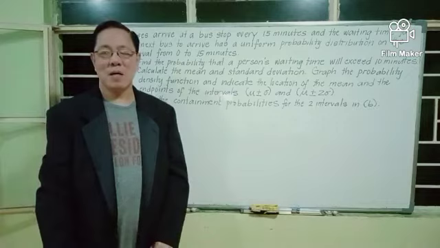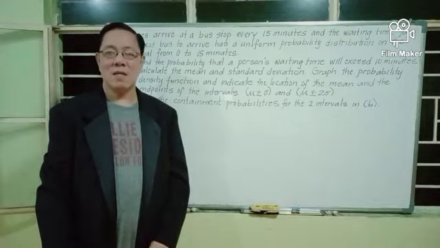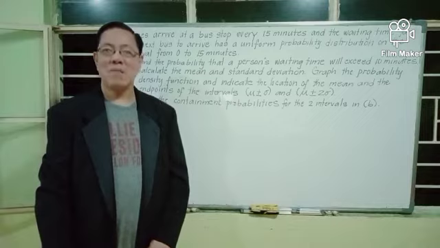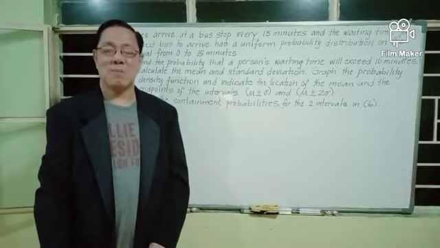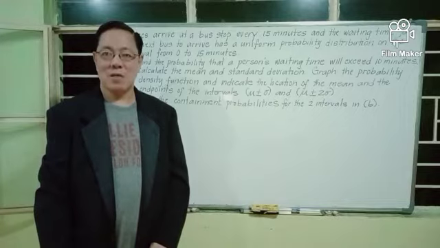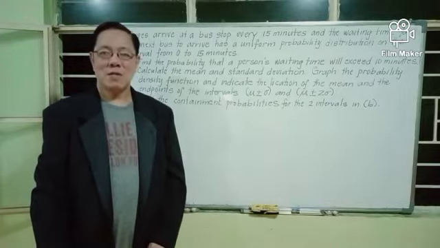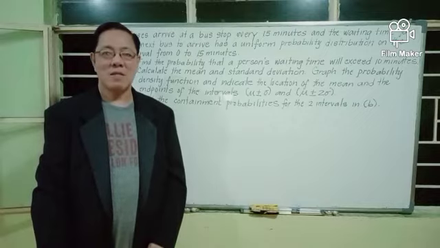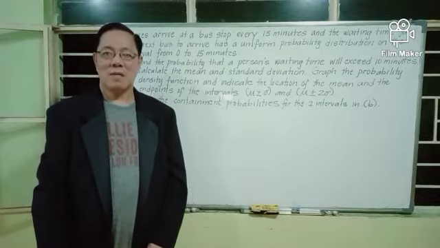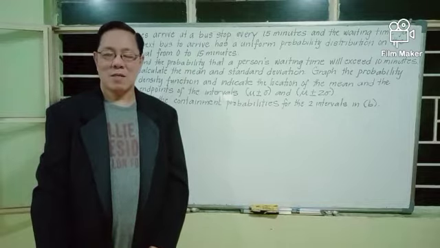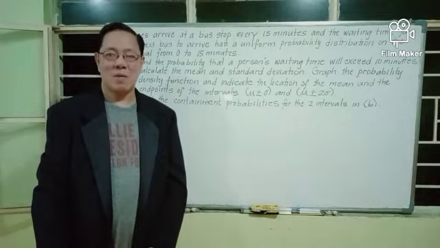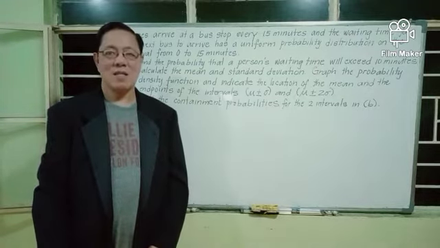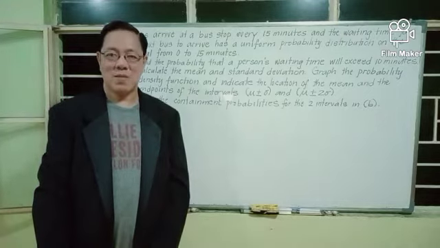In this problem, the buses at a given bus stop arrive every 15 minutes. Therefore, the waiting time of a person who wants to catch a bus in this particular bus stop will be between 0 and 15 minutes. 0 if the person arrives at the point that the bus arrives, and so the person will not have to wait for the bus if that person arrives at exactly the time when the bus arrives.